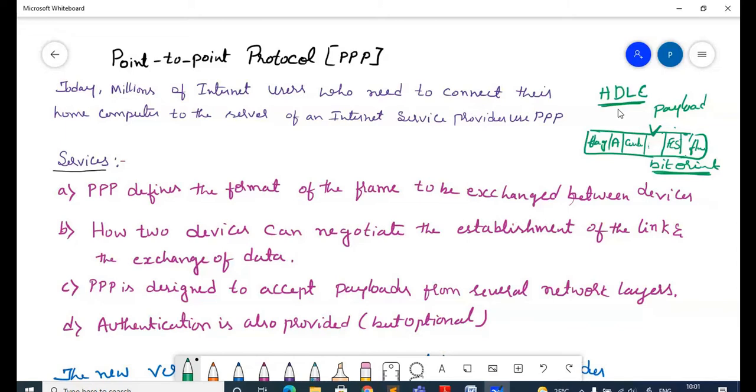We discussed the different configurations and modes. Other than that, I told some of the structures, that is the I frame. I frame indicates information frame. Whenever the user wants to exchange information, it is going to use the I frame.